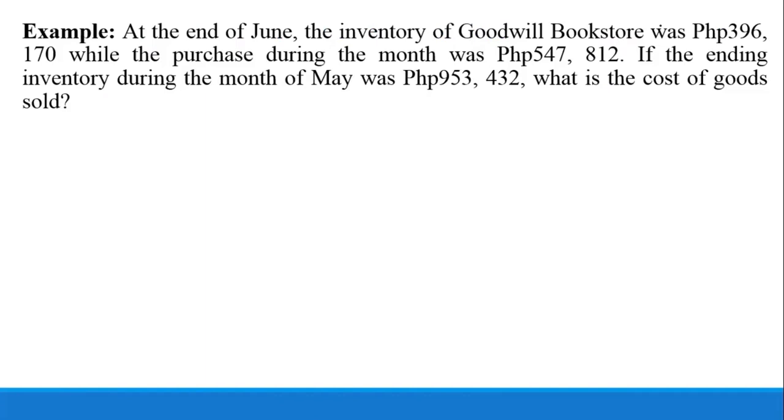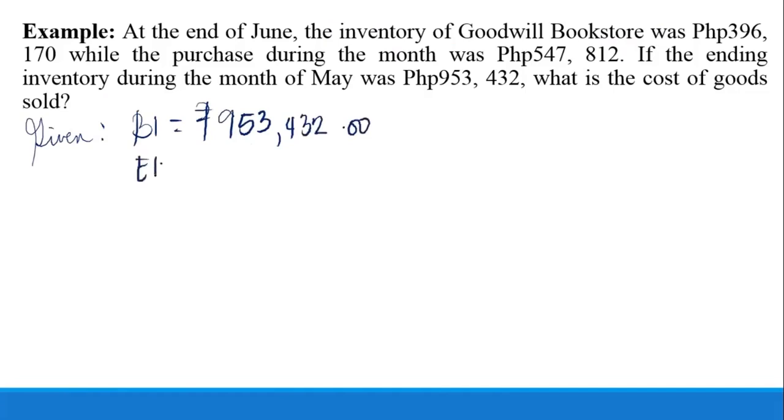Okay. So, we have the beginning inventory, which is equal to 953,432 pesos, and then the ending inventory, which is equal to 396,170 pesos, and we have purchases.